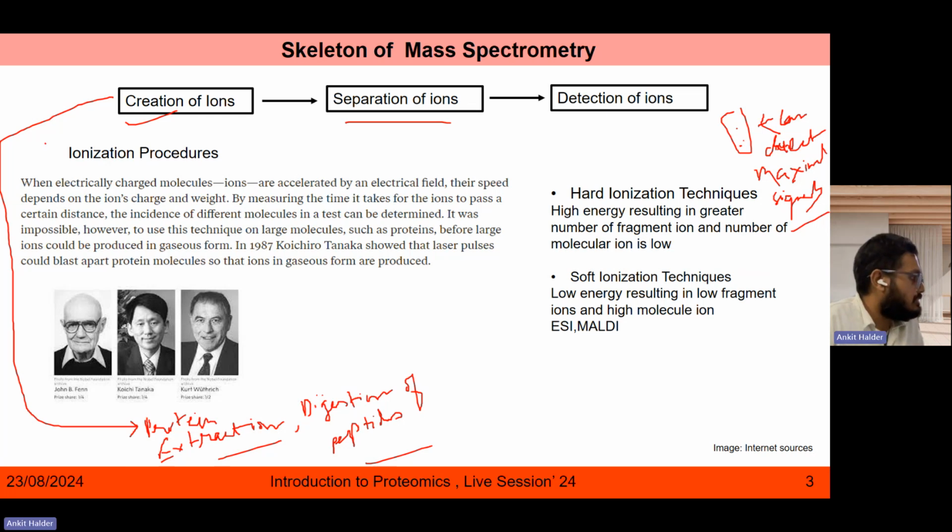So now, what is the ionization procedure? I mentioned just now that we will be looking into the different ionization techniques in detail, and how this completely revolutionized the field.